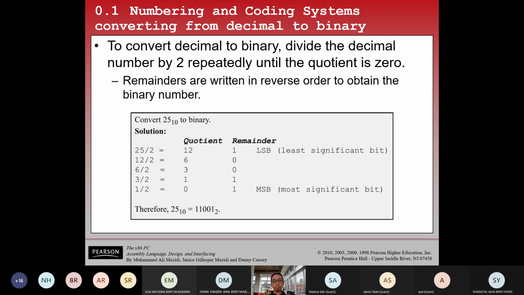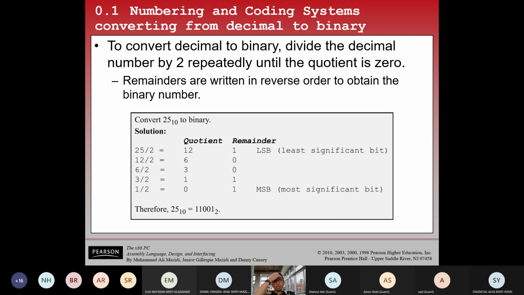As you can look there, we have 25 base 10. We want to convert that to binary. So 25 we always divide by 2. Whenever you divide by 2, you have 12 and then you have 1 as remainder, right?